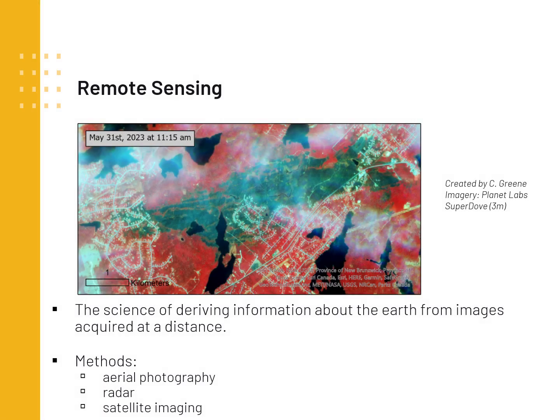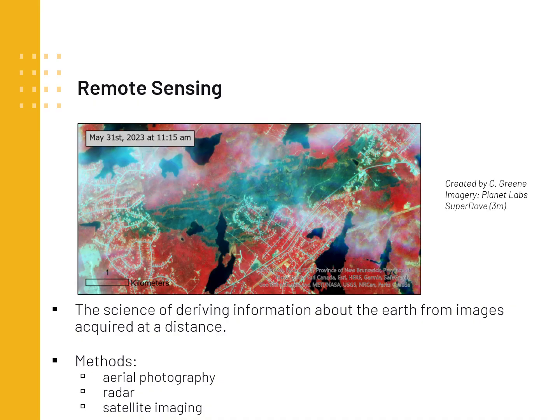Another way to get GIS information is through remote sensing. So what is remote sensing? It's a science of deriving information about the Earth acquired at a distance. Some examples of this are aerial photography, radar, and satellite imagery. We're looking at a satellite image here. It's collected by the Planet Labs SuperDove satellites.